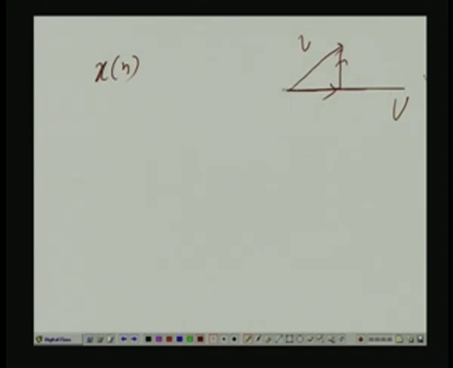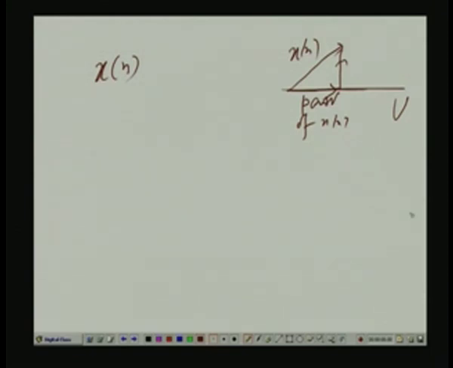The same philosophy works here. The theory for this I am not doing. What I am saying is this: suppose x n, as I told you, is purely non-deterministic. This is x n, and this is the past of x n, that is, it consists of x n minus 1, x n minus 2, x n minus 3, and so on.